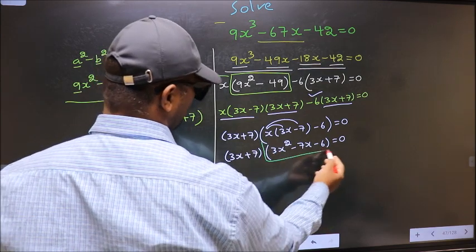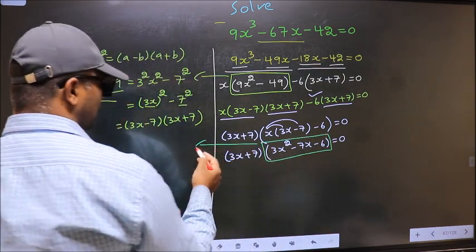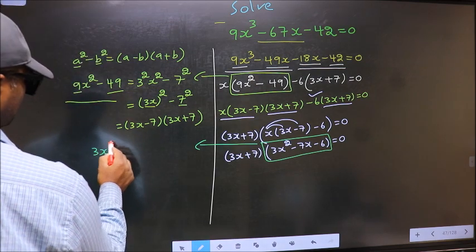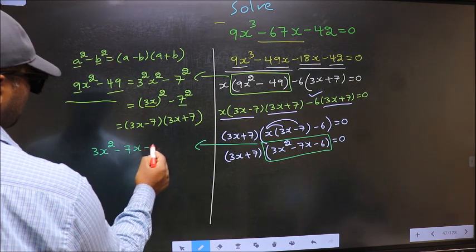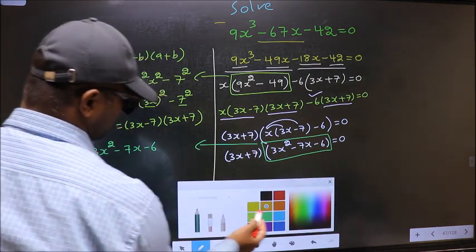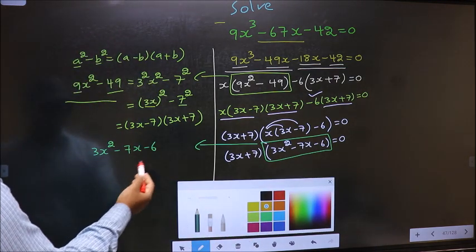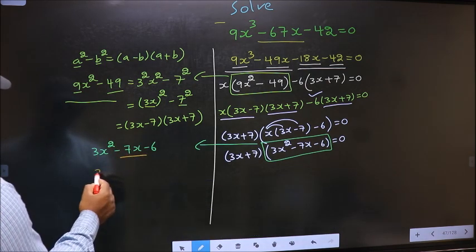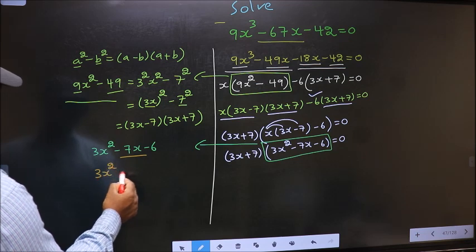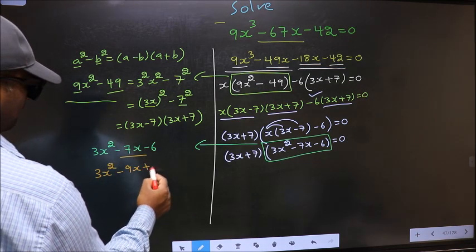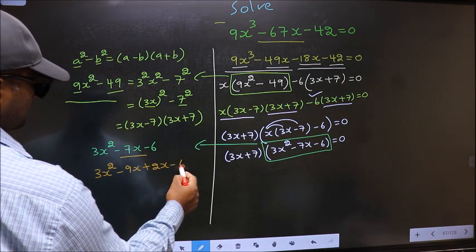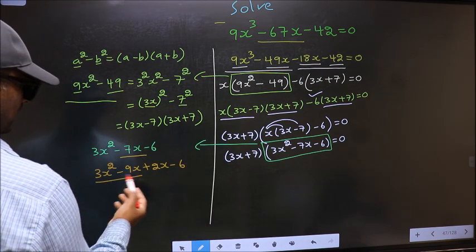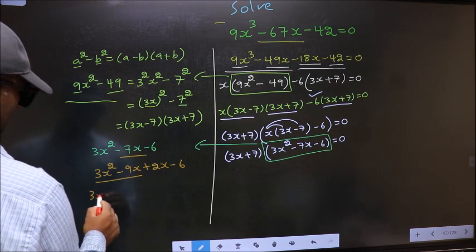Now this quadratic, I will factorize it here, that is 3x square minus 7x minus 6. To factorize this, we should split the middle term minus 7x. So in place of minus 7x, now I write minus 9x plus 2x minus 6. Next, from these two terms, what can be taken out common is 3x.